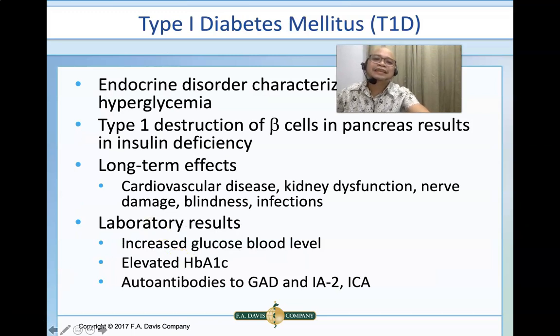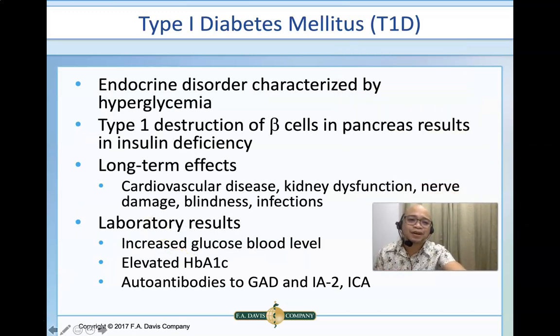Now, moving on, let's discuss another example of autoimmune disease. This one is about type 1 diabetes mellitus. It is an endocrine disorder characterized by hyperglycemia, as we all know. But you might be wondering, how come diabetes is also considered an autoimmune disease?